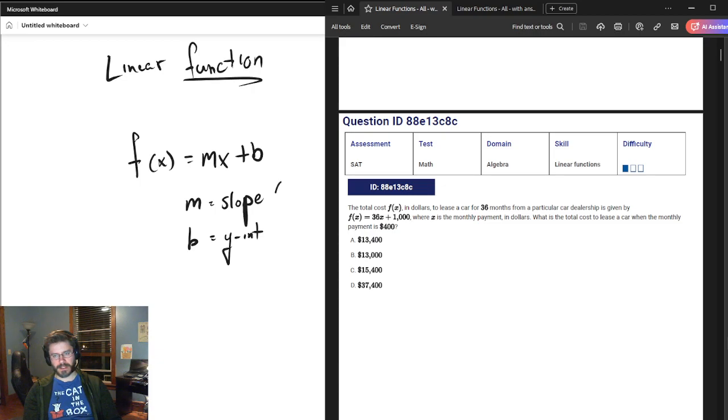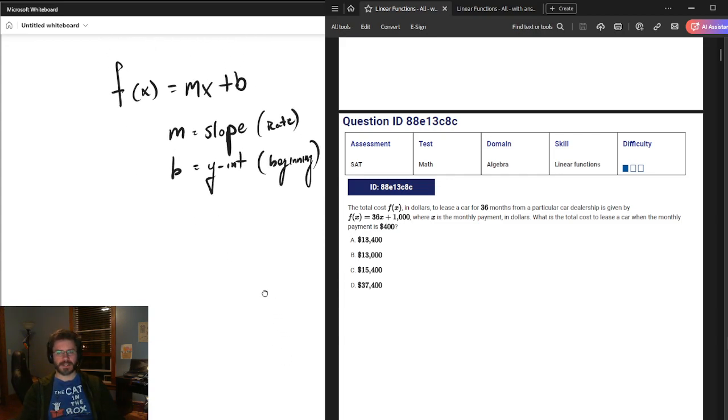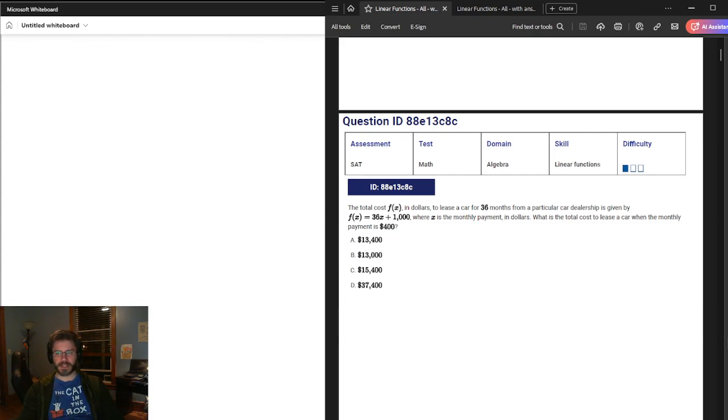So slope is also the rate, and the y-intercept is the beginning value. So with those definitions, let's dive right in. That's really all we're going to need, I think. So let's take a look.